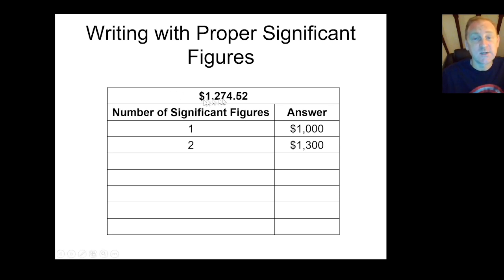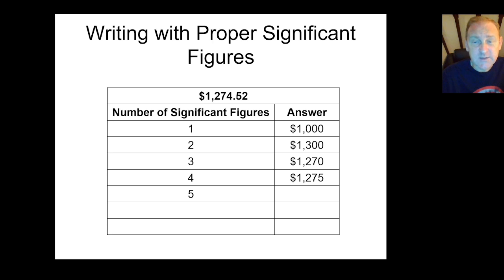It's closer to $1,300 than it is $1,200. Let's do this with three significant figures. Again, you take a look at the first three, and if this is a 5 or greater, you round up. It is not, so we would record this as $1,270. Four significant figures, that means we're going to go right up to this point here. And because after this 4, we have a 5, it rounds the 4 up. So with four significant figures, we'd say 1,275.